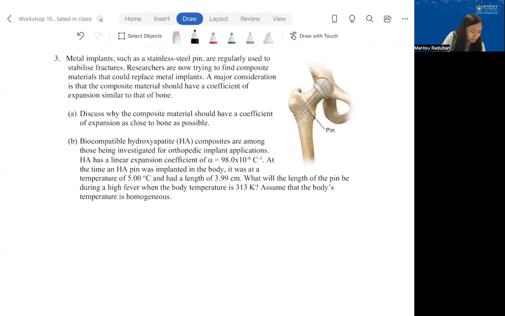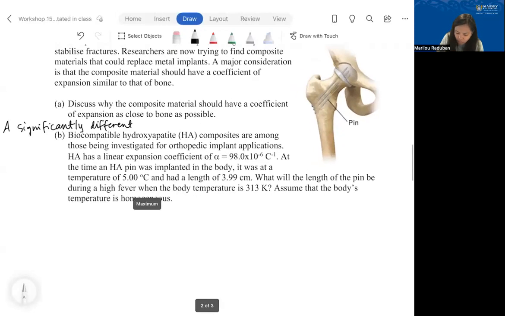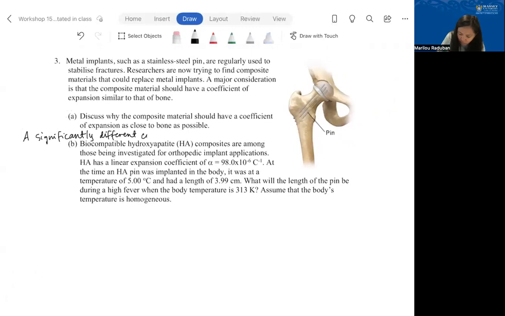Okay, so you can write here: a significantly different coefficient of expansion will cause different expansion rates.